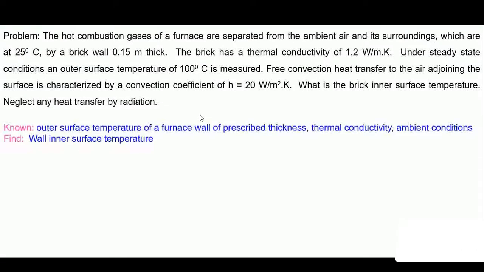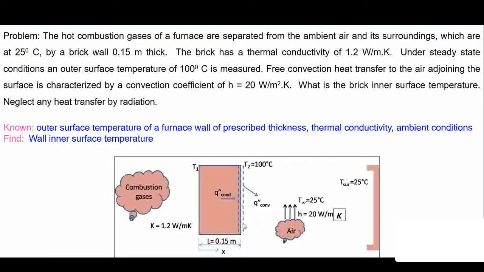Let us see the picture first, and I'll tell you more about that. This is a brick. On this side of the brick, there are some combustion gases, and the brick has a thermal conductivity of 1.2 watt per meter Kelvin. So through this brick, conduction is going to take place, and the heat is getting transferred by conduction through the brick. Now the outer surface of the brick will reach a certain temperature.